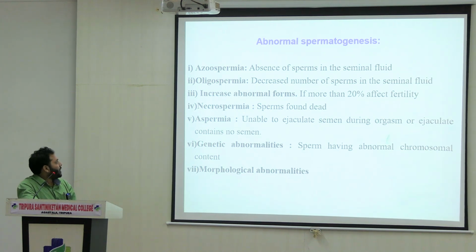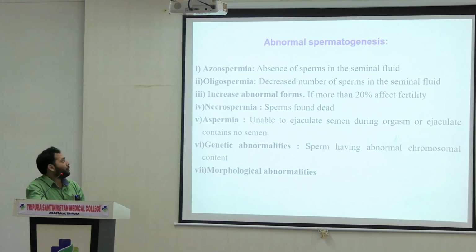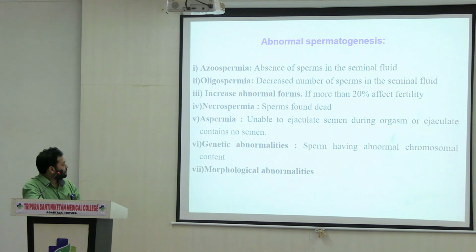Then necrospermia, which is denoted by dead sperm cells present in the seminal fluid. Other than this, sometimes persons are unable to ejaculate a sufficient amount of semen. So ejaculatory dysfunctions are also a part of abnormality of spermatogenesis.